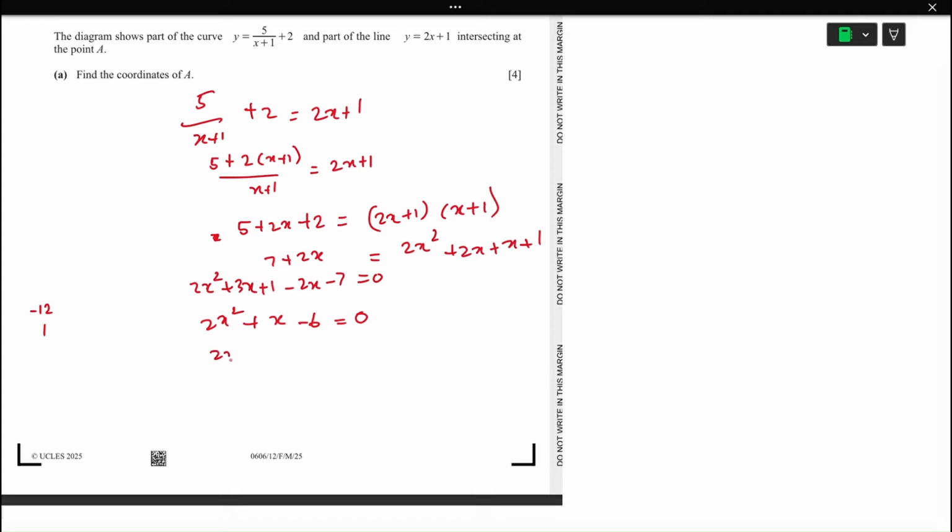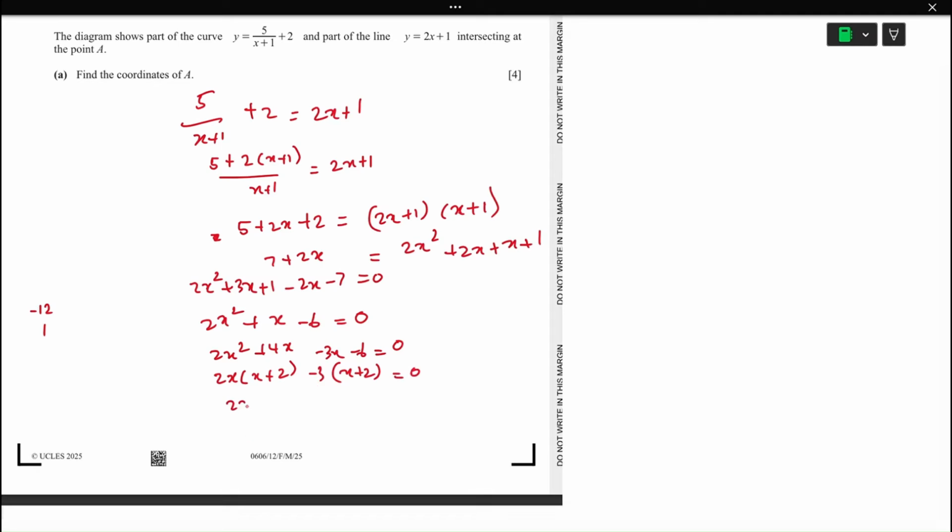So 2x square plus 4x minus 3x minus 6 equal to 0. So next, 2x square, take 2x out, x plus 2, and here also we'll write x plus 2, so we'll get -3 equal to 0.